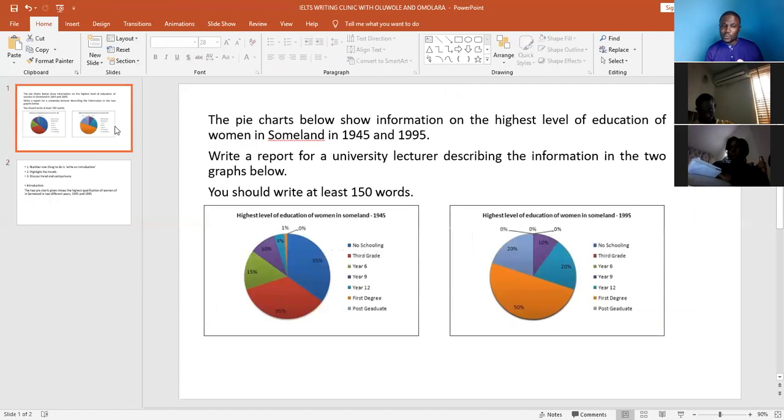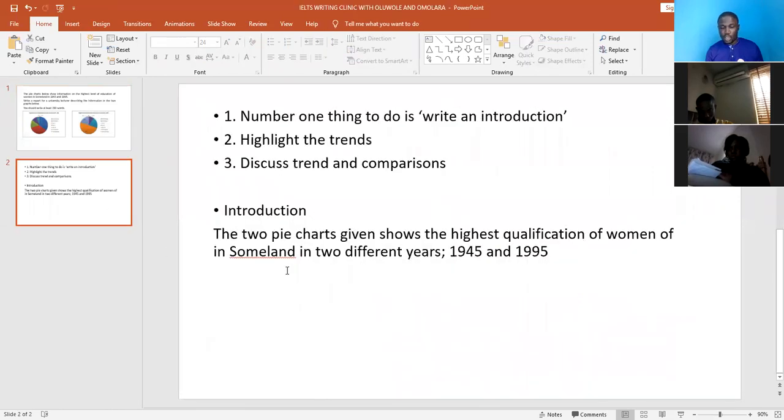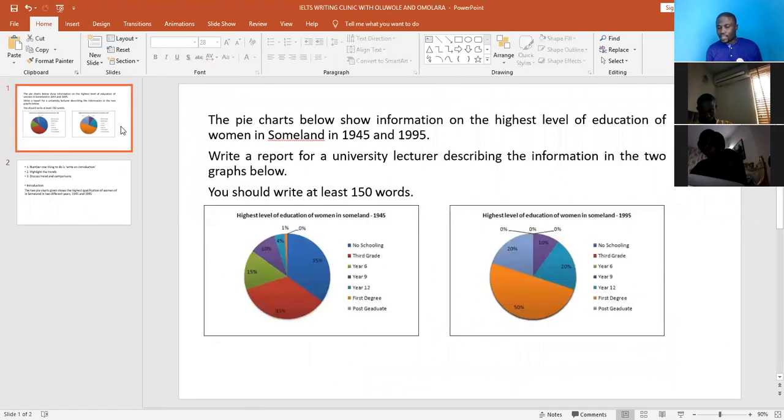Okay, so now the next thing is to identify the trend. I have written the introduction here. The trend means you will have to write another paragraph for it. Now let's go and identify the trend. One easy way to write about trend, especially for charts of the same kind, is this: this is the level of education in Summerland in 1945 for women, and this is the level of education in 1995.